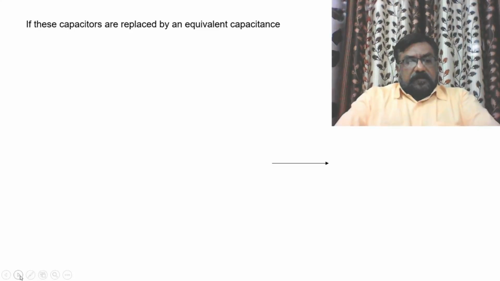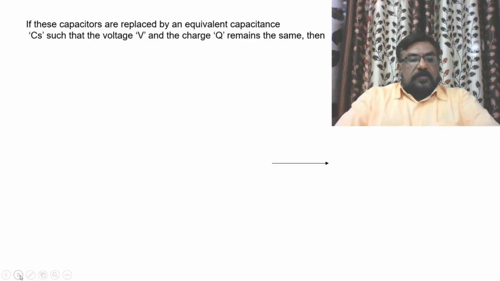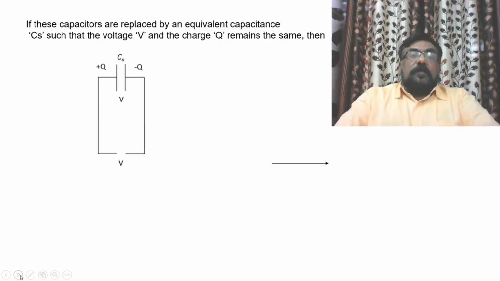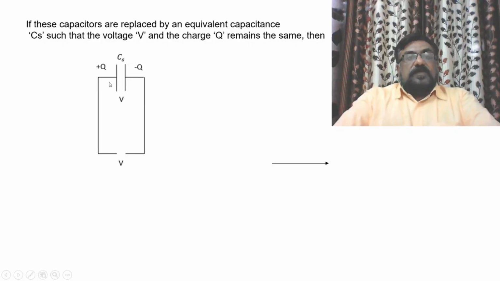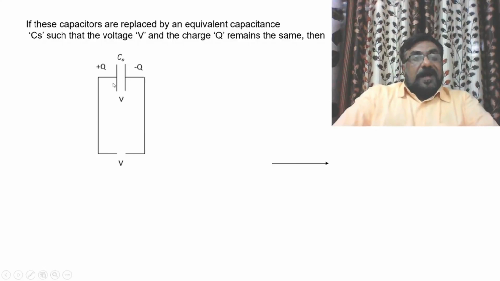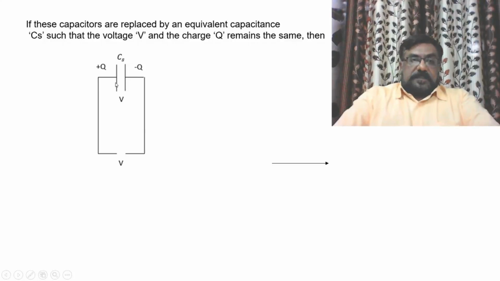Now we can define the effective capacitor of series combination. So the effective capacitor means a single capacitor which can perform the work which was done by all the other three component capacitors.